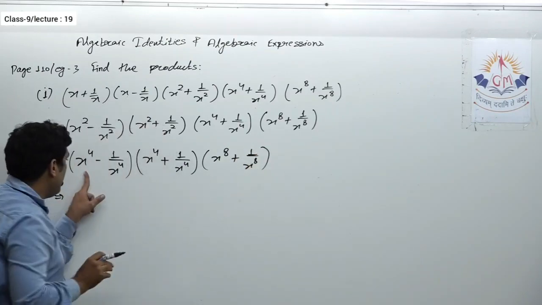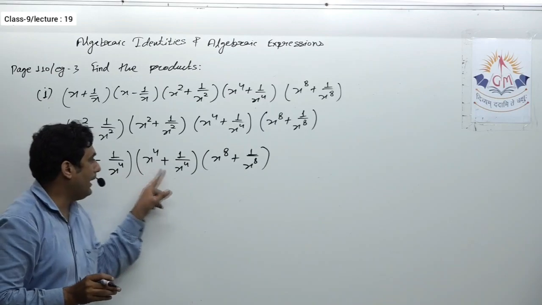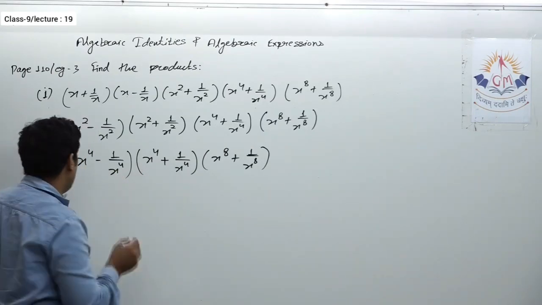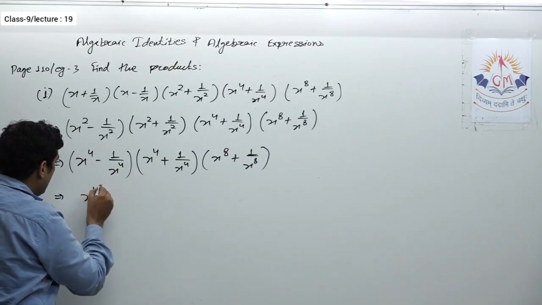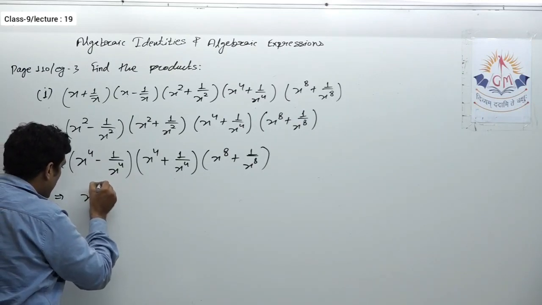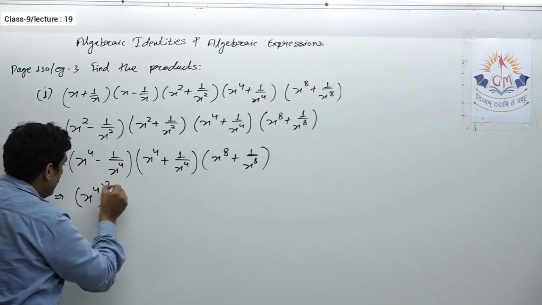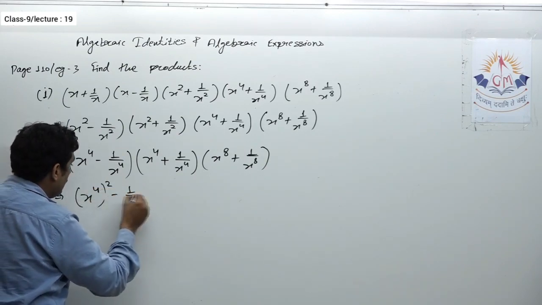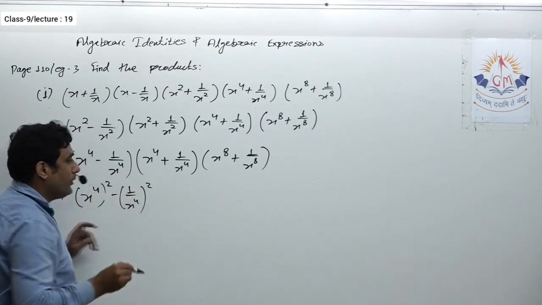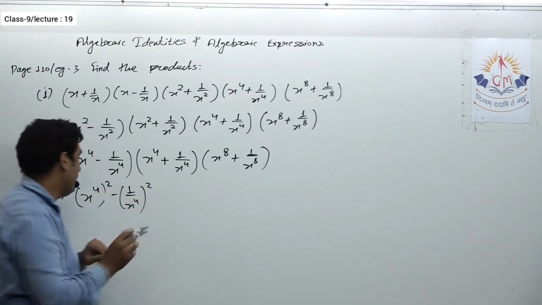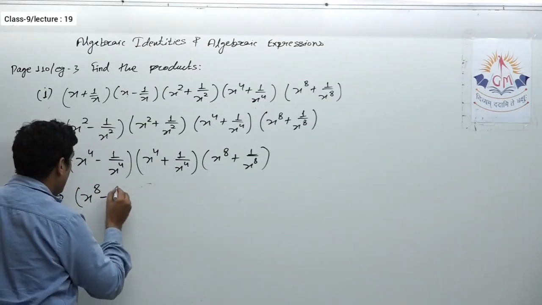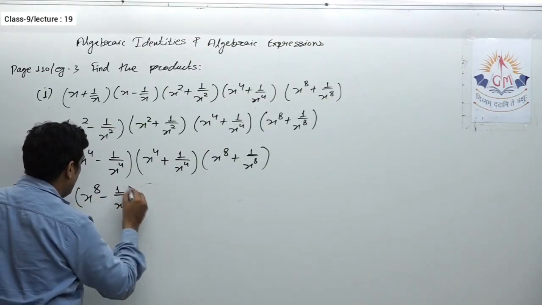Again I can say this is a minus b, a plus b, that is the square of this minus the square of this. When I say square of this, it means I am not squaring this, I am writing it in this way: a square minus b square. And power to power, so the powers will multiply. So here it will become x raised to 8 minus 1 upon x raised to 8.